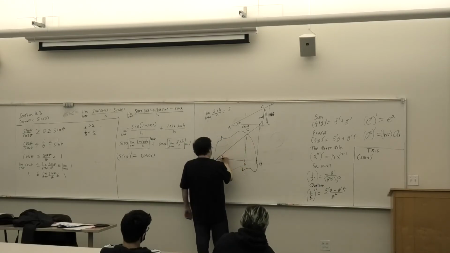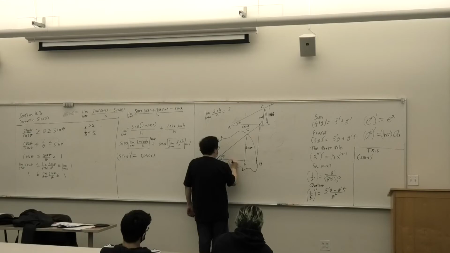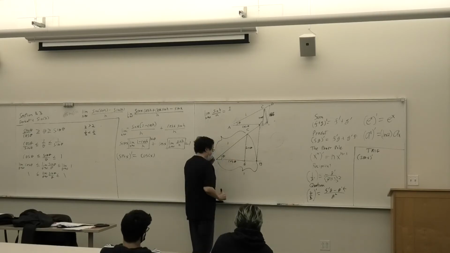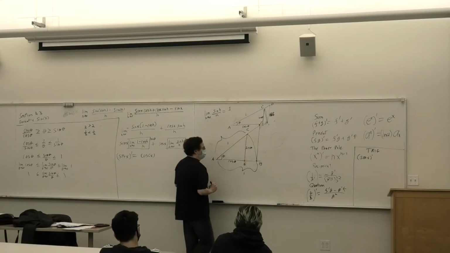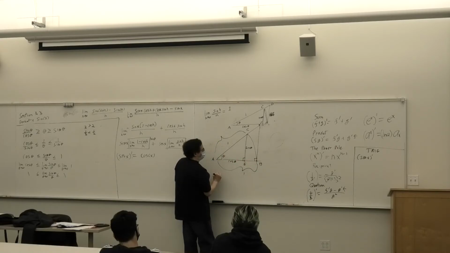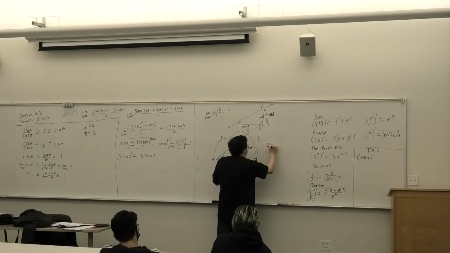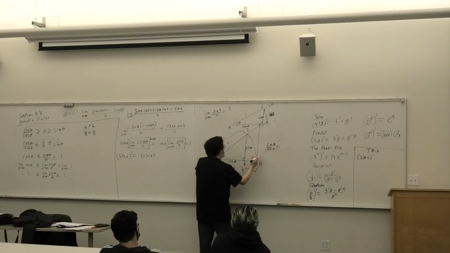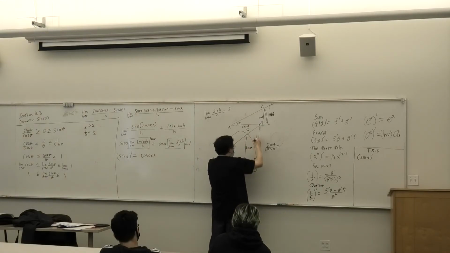Okay, so this is theta, this is 1, so this has to be sine theta, this has to be cosine theta. That triangle and that triangle are similar. They both have right angles and they share theta. So the ratio, sine theta over cosine theta, is equal to the ratio of, what did I call that?